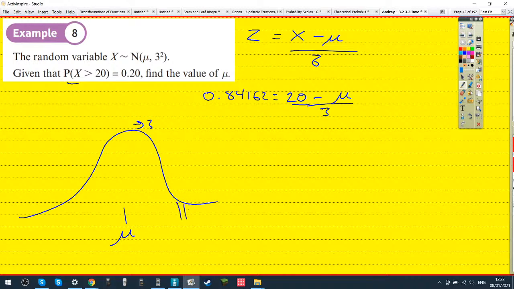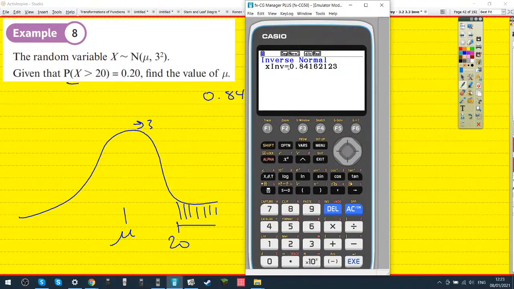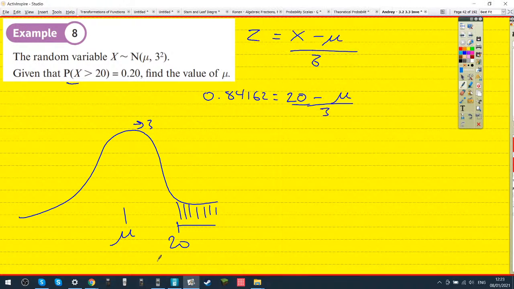And we know that it's got an area of 0.2, so it's like 20% of the total. This x here is 20. But in terms of z, it is 0.84162. And so we can sub z and x and deviation into our formula and solve for mu.